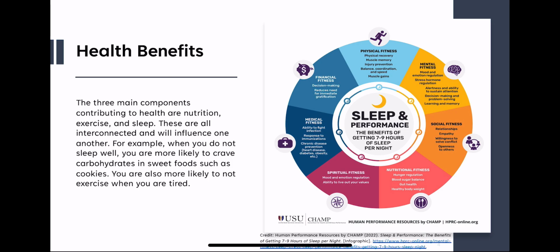If I'm feeling drowsy, I might feel unmotivated to exercise, or maybe even unmotivated to eat what's right for me. The example that we chose to highlight is that if you don't sleep well, you're maybe more likely to have cookies because you're craving the carbs, or maybe you just don't feel like going to the gym. You don't want to exercise when you're tired.